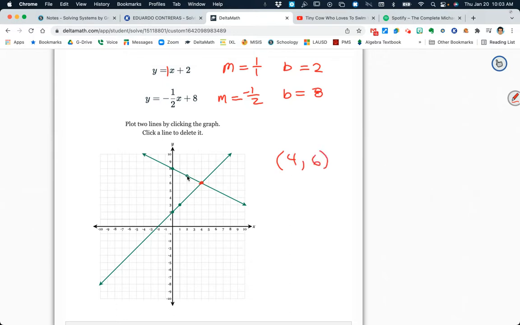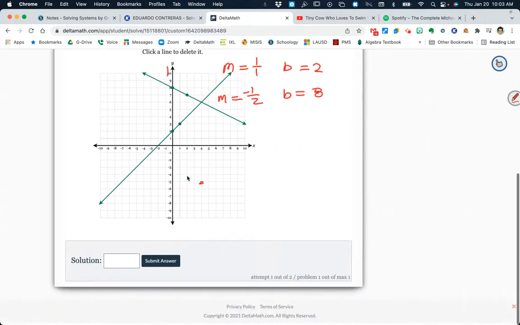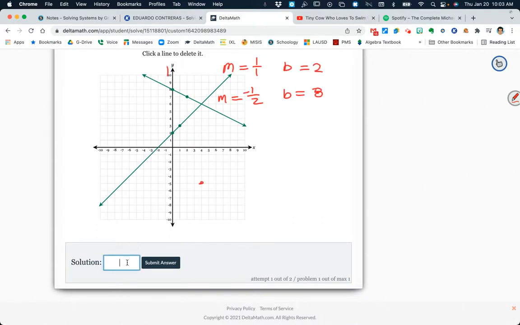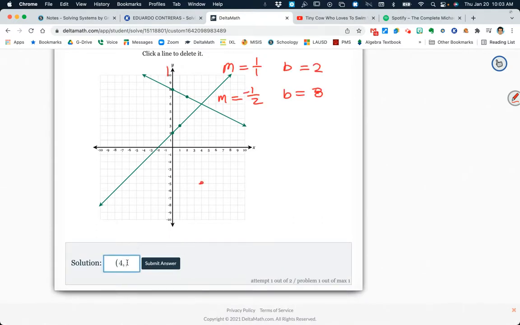Now, on your Chromebook, sometimes it's hard to see. You might have to pinch out so you can enlarge it. Is that 4, 6? Yes. Okay, let's do it. 4, 6.